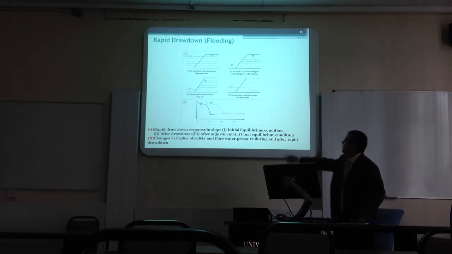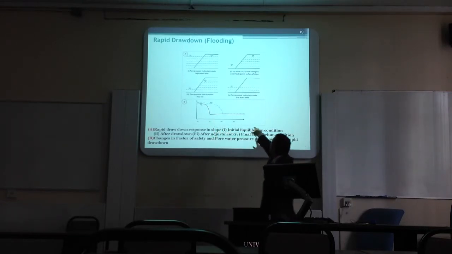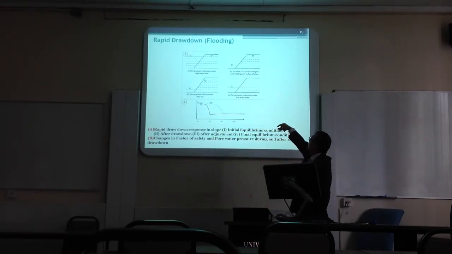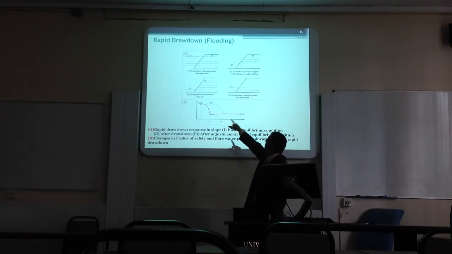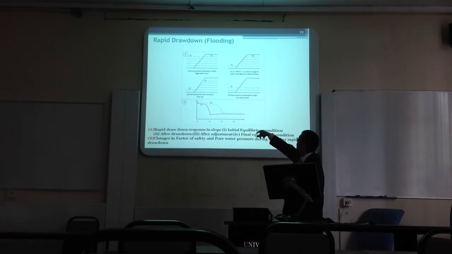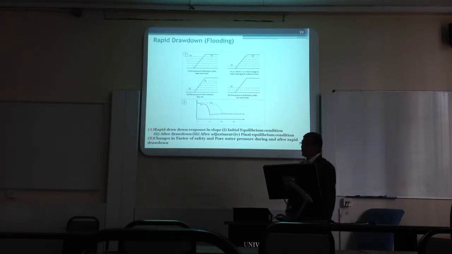And the factor of safety in B goes down straight away as the water level goes down. There is water in the embankment, so there is a load in the embankment. In 3, you can see the pore water pressure, the transient net, the factor of safety is lower. And then in 4, it gets to the equilibrium stage, and the factor of safety is in equilibrium.